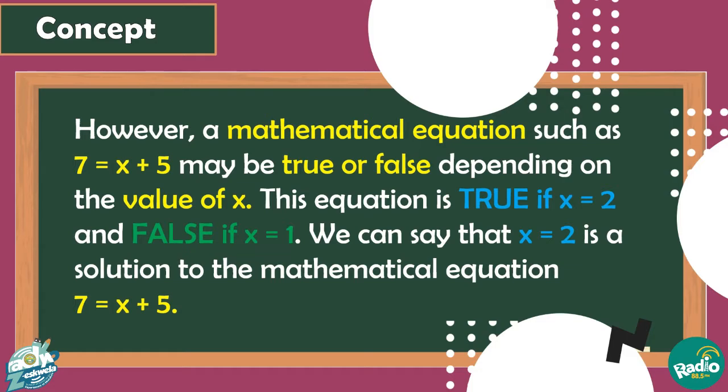This equation is true if x = 2 and false if x = 1. We can say that x = 2 is a solution to the mathematical equation 7 = x + 5.